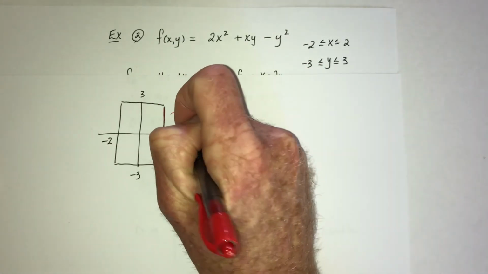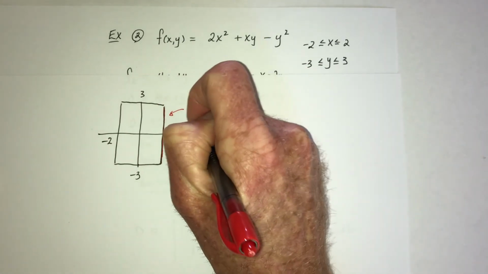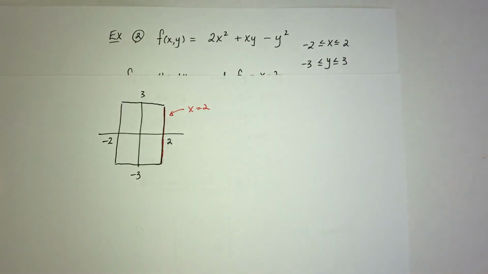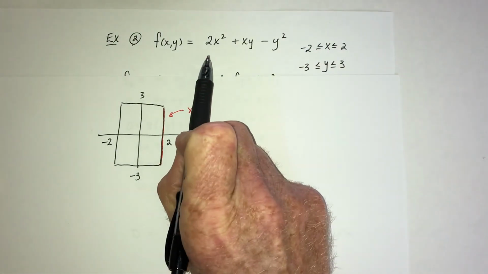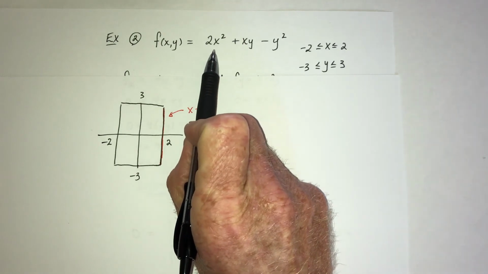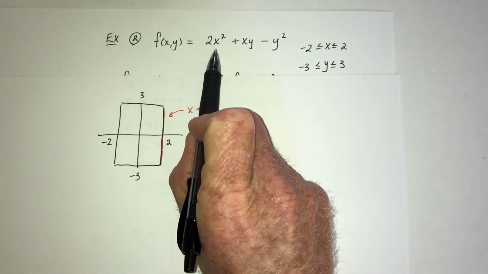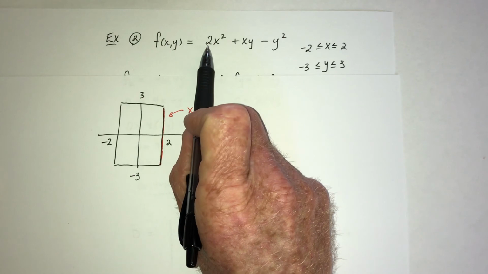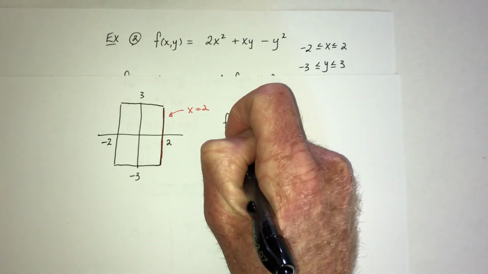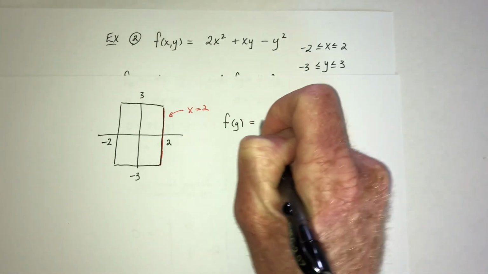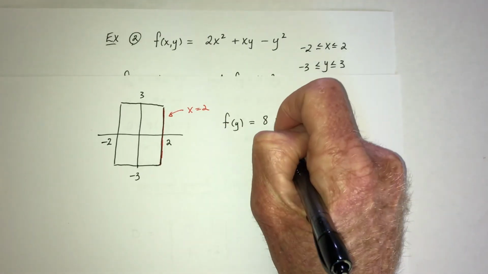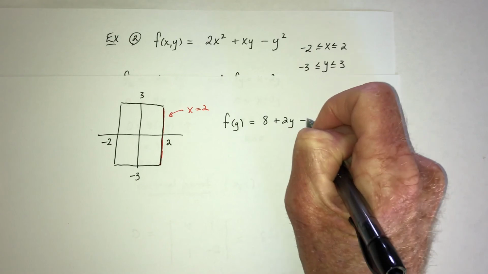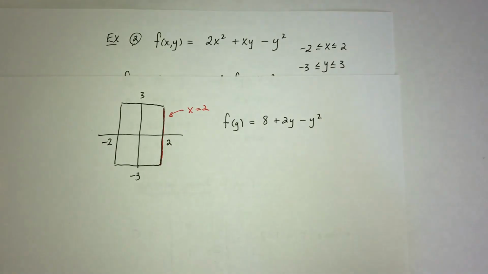What's going on? Well, this line right here is the line x equals 2. So that means just go to the original function and x has to be a 2. So this will be 2 squared, 4 times 2 is 8. This has to be a 2, so that's plus 2y, and then minus y squared.